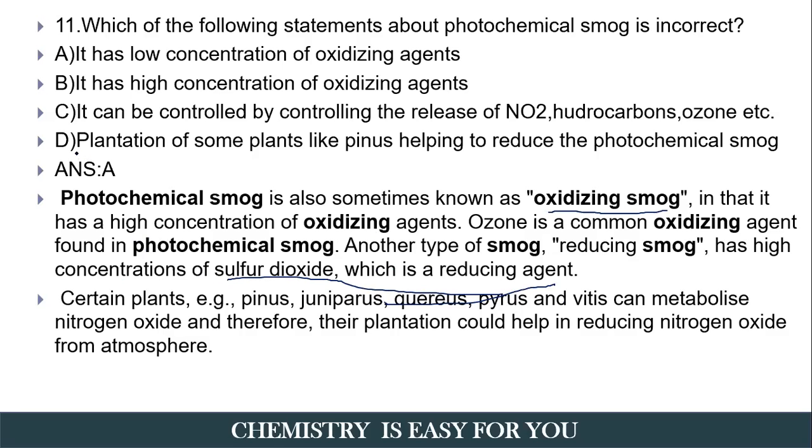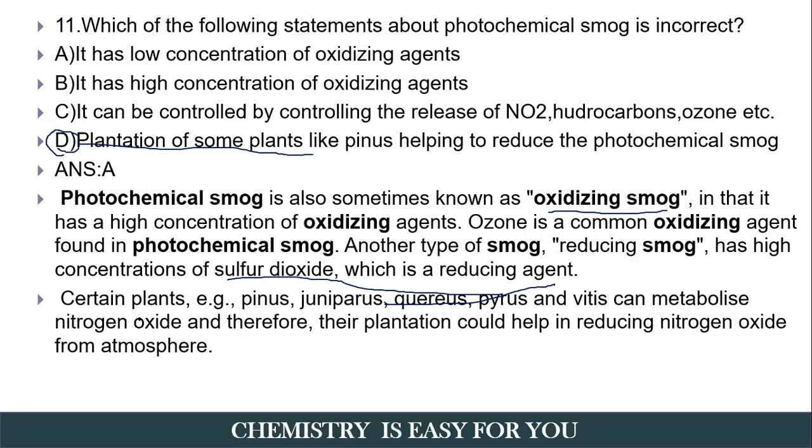How does the statement about plantation become true? That can be understood from this: certain plants like Pinus, Quercus, Pyrus, etc. can metabolize nitrogen oxide, and therefore their plantation could help in reducing nitrogen oxide in the atmosphere. And what is nitrogen oxide? It is a primary pollutant present in photochemical smog.